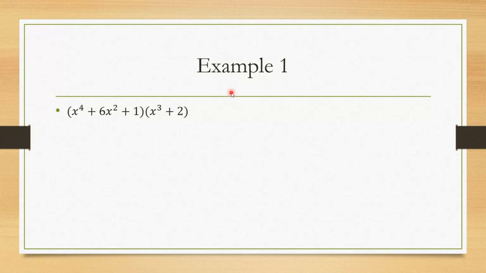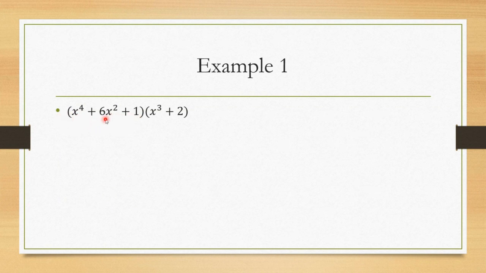So this is the example we want to do. What we want to do is multiply these two polynomials together. Okay? So again, we're going to form a grid. What I like to do is use the polynomial with more terms for my columns.